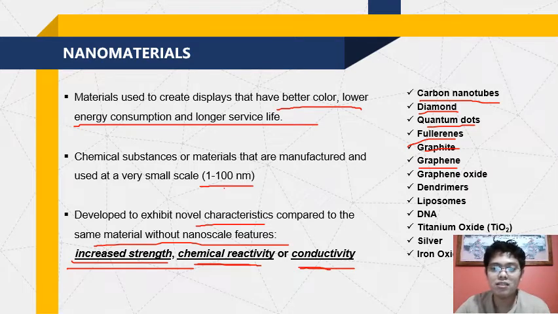And next to graphene is dendrimers. We'll not tackle graphene oxide any longer because these are mostly associated with each other. Dendrimers are a new class of polymeric materials. They are highly branched monodisperse macromolecules.